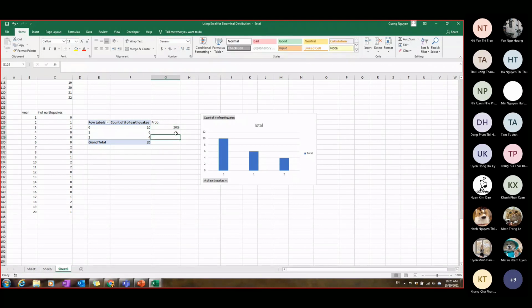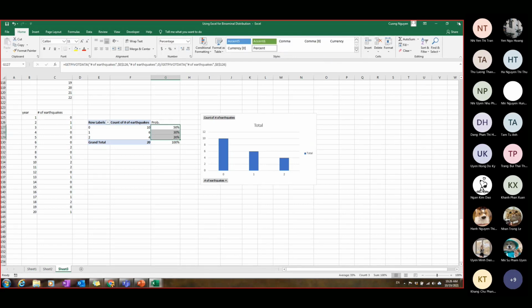The same thing now with 6 over 20, which should be 30%. And the last one, 4 over 20, should be 20%. Of course the sum will be 100%.